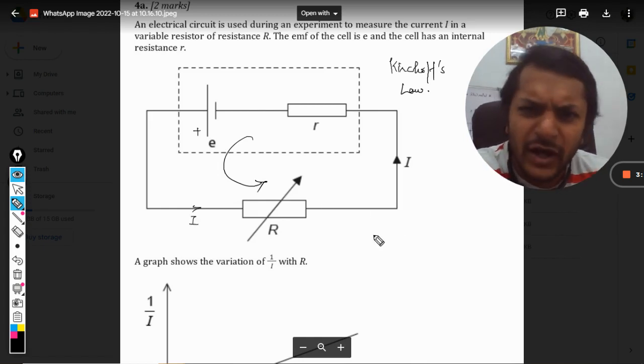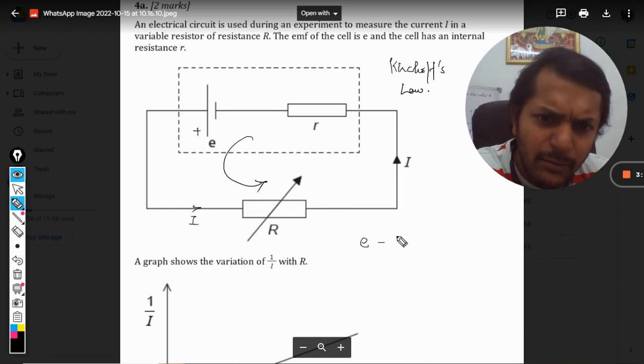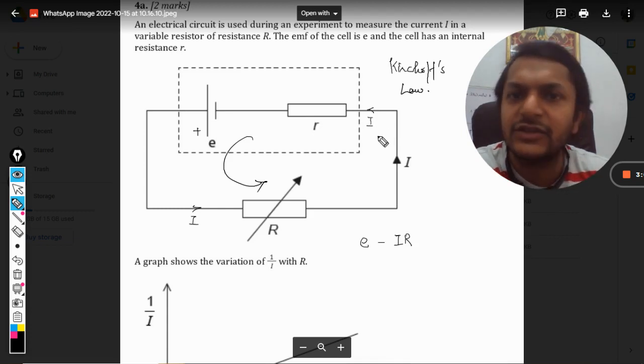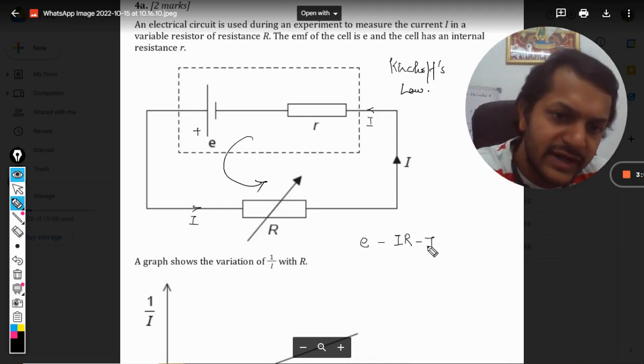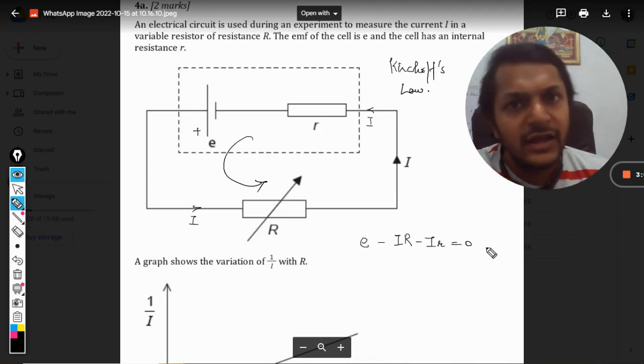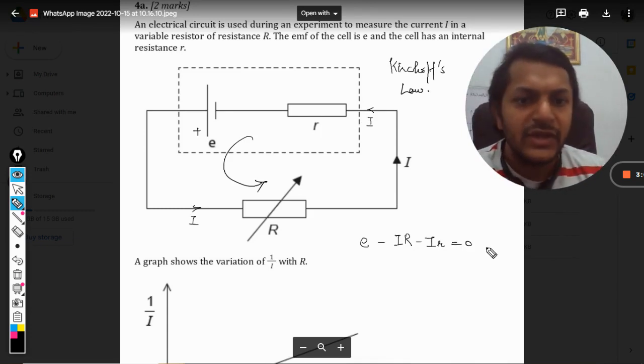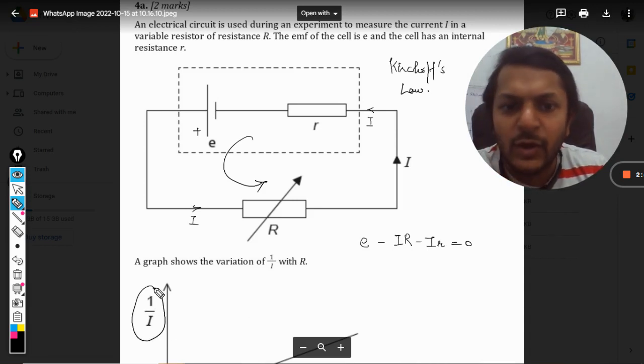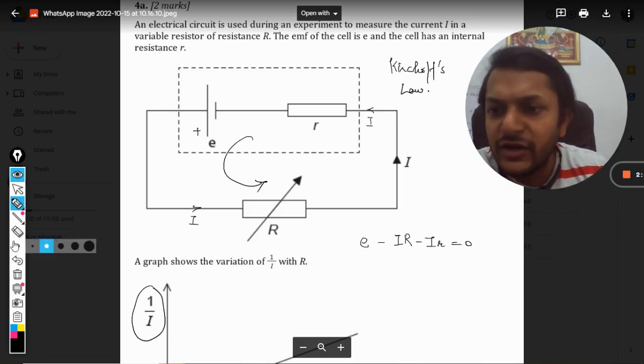So I will be quick now. It will be E minus I into capital R, and then the loop is going to the internal resistor and the current that is passing through it is I. So it will be taken as Ir equal to 0. The loop is complete. Now, we want to create 1 by I on the y-axis, so I have to have 1 by I here.